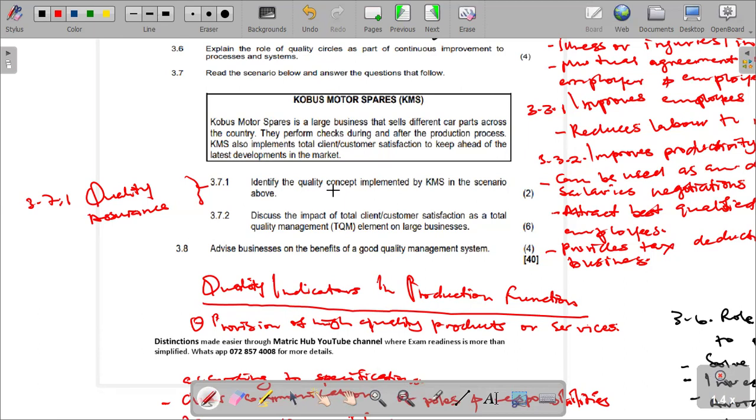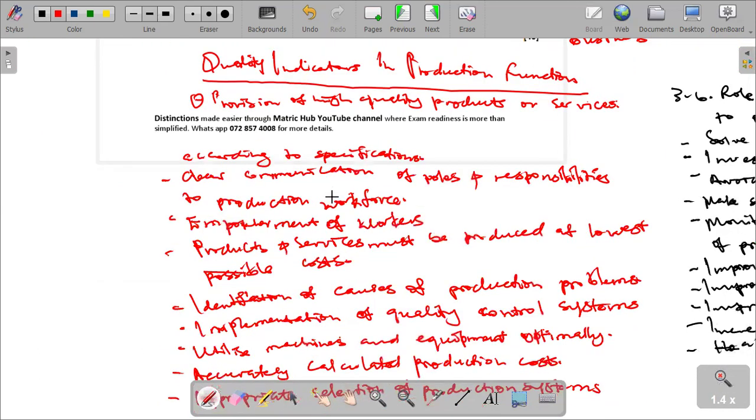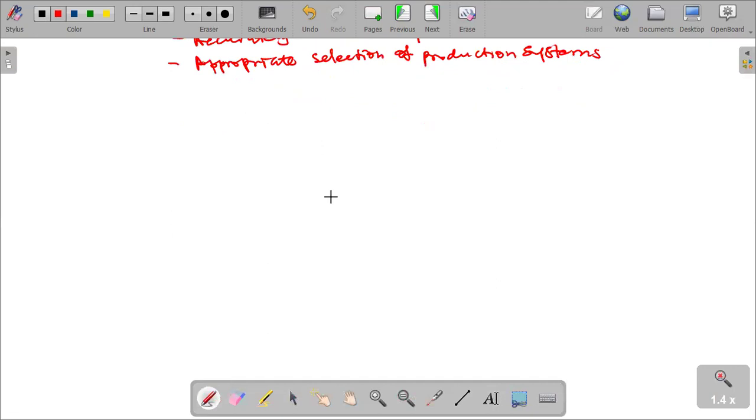3.7.2, discuss the impact of total client satisfaction as a total quality management element on large businesses.